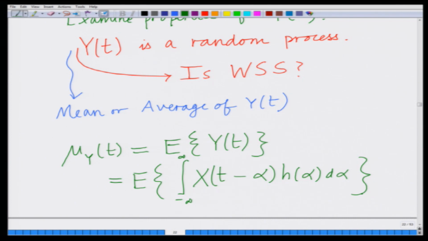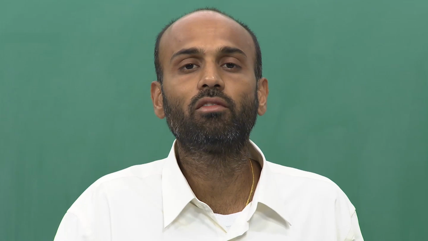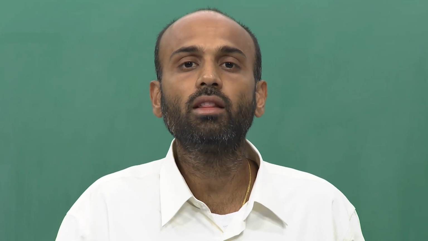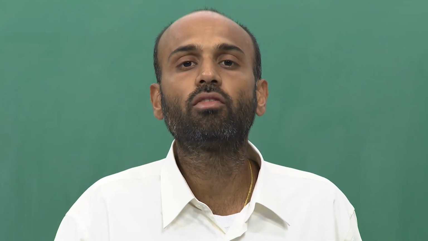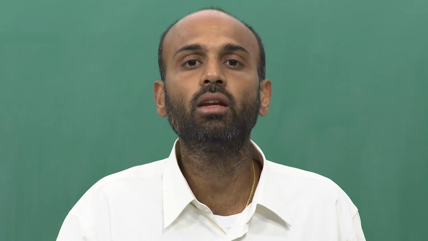Remember, y of t is the convolution of x of t and h of t. Therefore, y of t is basically the integral from minus infinity to infinity of x of t minus alpha, h of alpha, d alpha, correct. And now we are taking the expected value of this convolution between the random process x of t and the impulse response h of t.